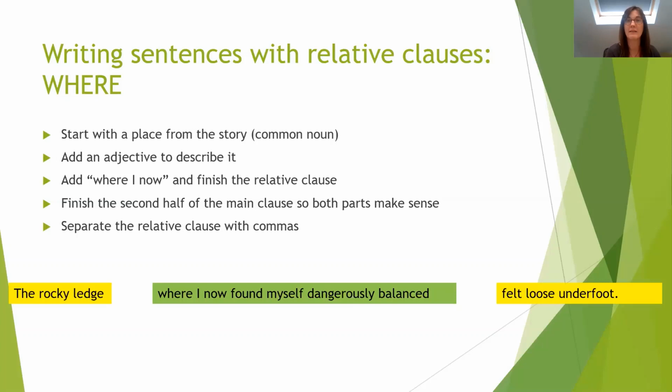That makes sense. Now I'm going to add in the relative clause. The rocky ledge, where I now found myself dangerously balanced, felt loose underfoot. So that's the extra information that has been added in, beginning with the where relative pronoun. Don't forget, it needs to be coupled with commas.